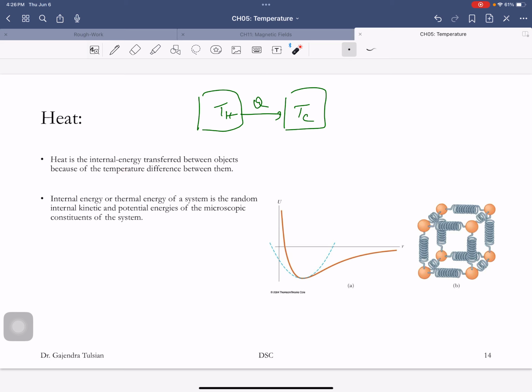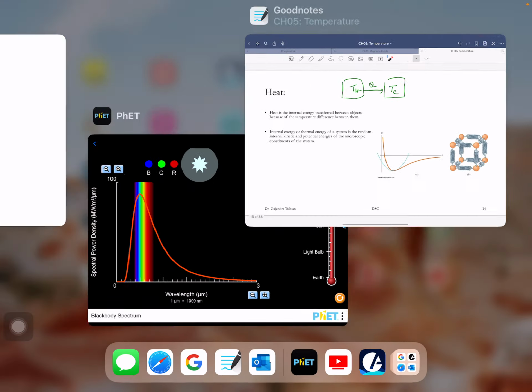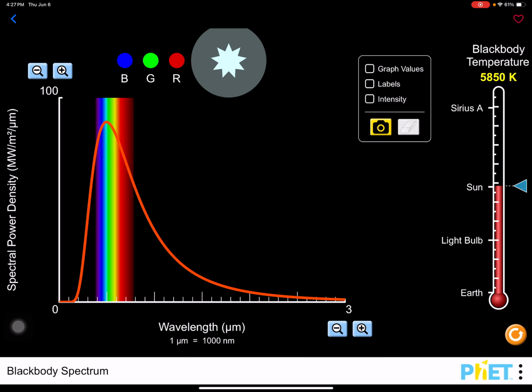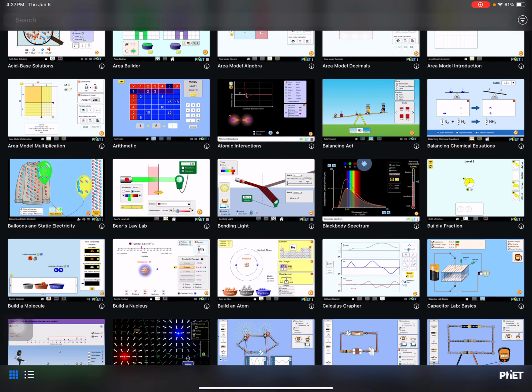So as heat flows from here to there, these atoms vibrate with smaller frequencies, smaller amplitudes. Their kinetic energy decreases, they contract, the potential energy decreases, and so on. So internal energy or thermal energy of the system is the random internal kinetic and potential energies of the atoms, or of the microscopic constituents. For a gas, it's a simpler thing.